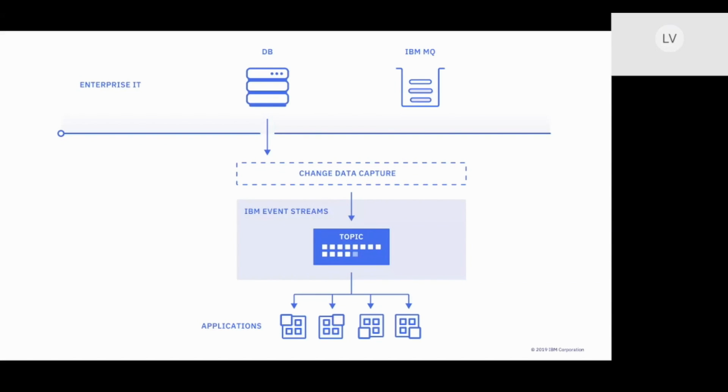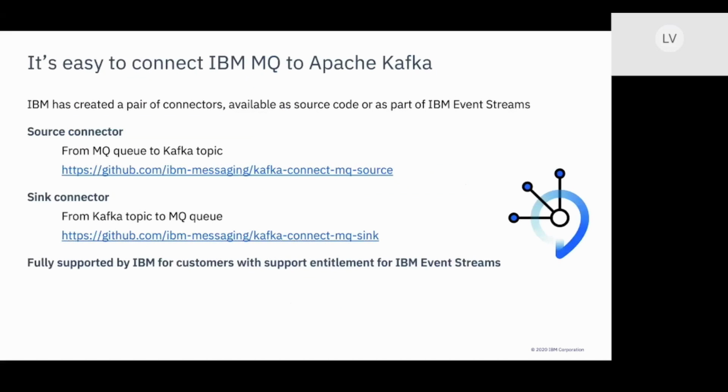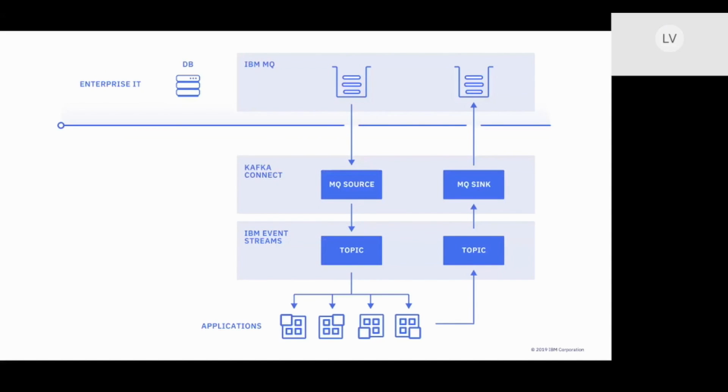Let's imagine that you have a database and you use change data capture to get information you want to replicate with IBM Event Streams. But most of the time, the database is always connected to an MQ, an IBM MQ, because this is a legacy system. And you can be sure that for this legacy system, most of the time that's MQ to manage interaction, also to capture or to do some update on the databases.